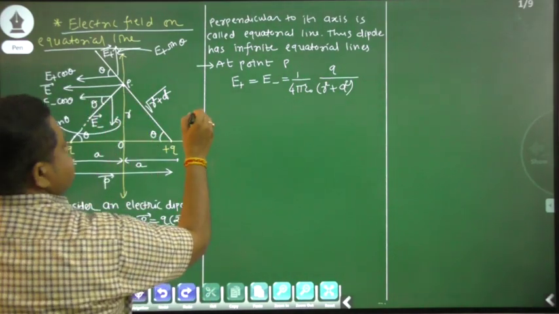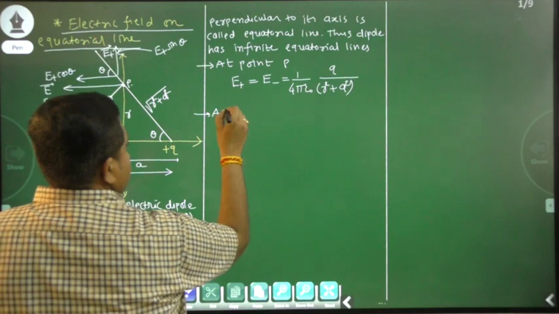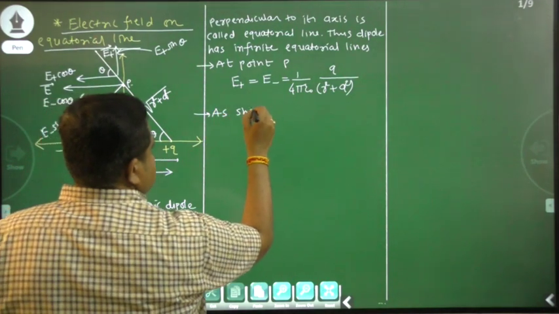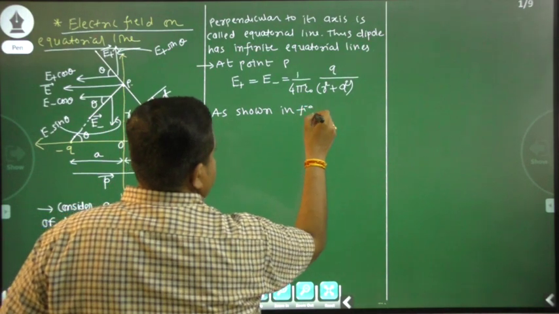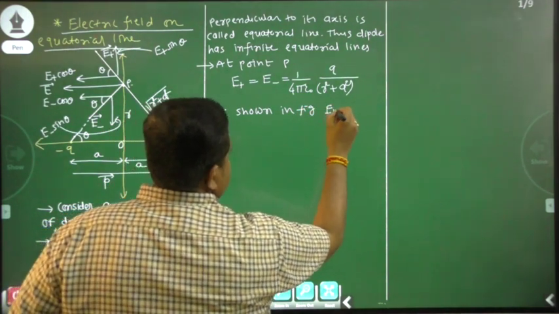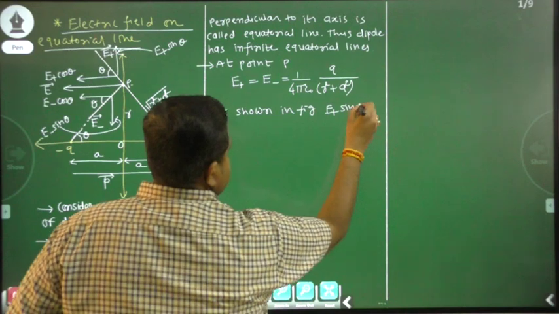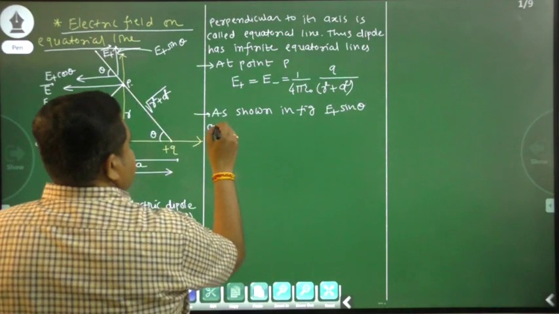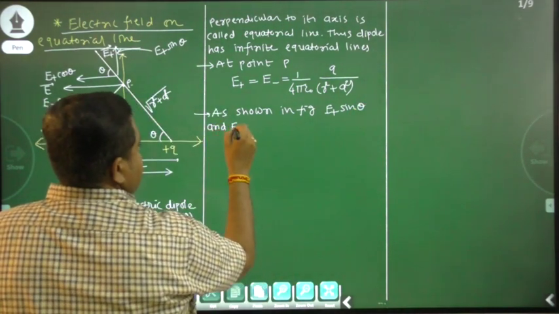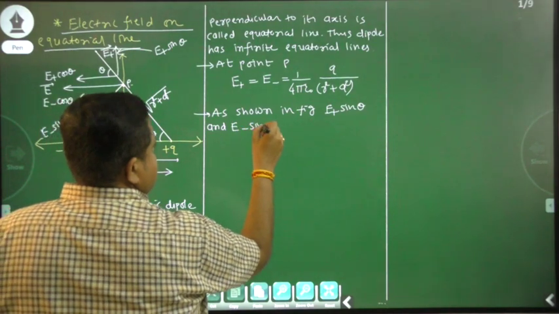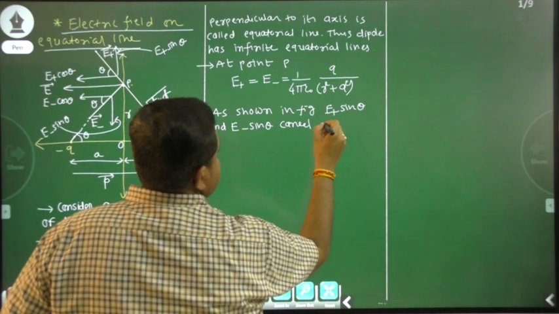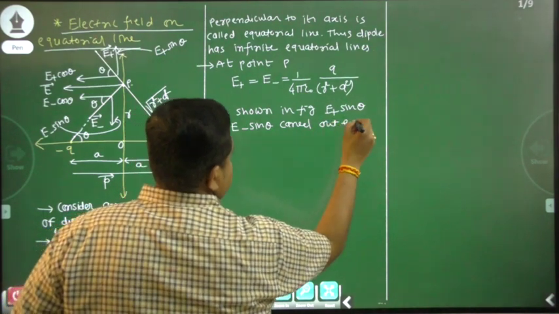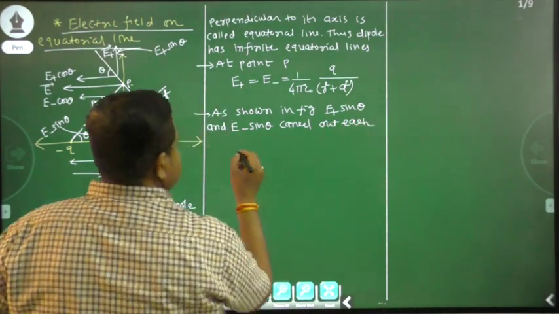Now you can see, as shown in the figure, E plus sin theta and E minus sin theta cancel out each other.